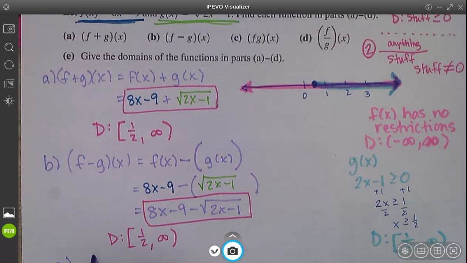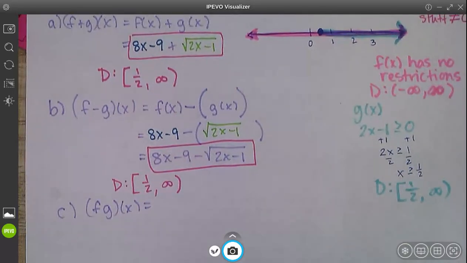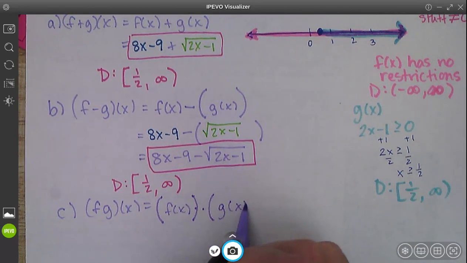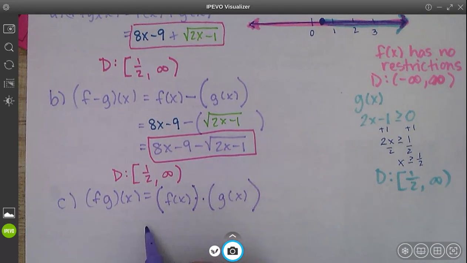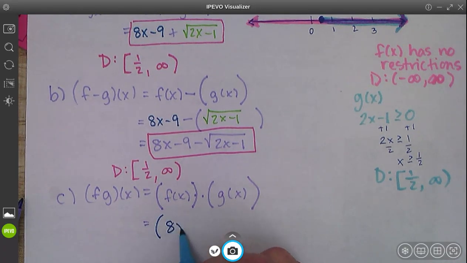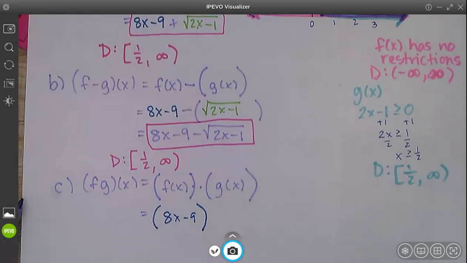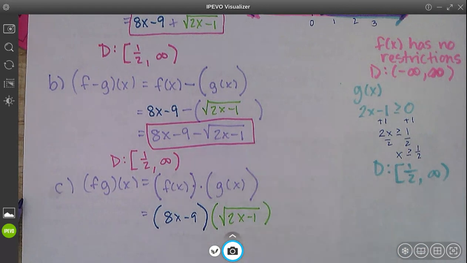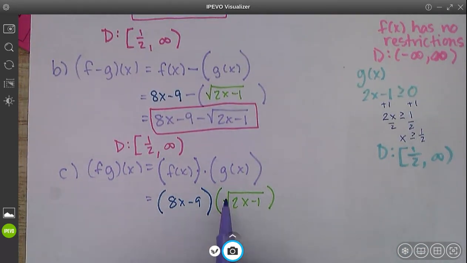Letter C, we have f g of x. Remember that f g of x means multiply. So I'm going to take f of x in parentheses times g of x in parentheses. F of x was 8x minus 9, so 8x minus 9 in parentheses times g of x, which was square root of 2x minus 1 in parentheses. Now I can go ahead and distribute this square root to both of those terms.